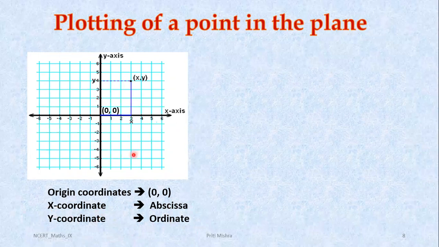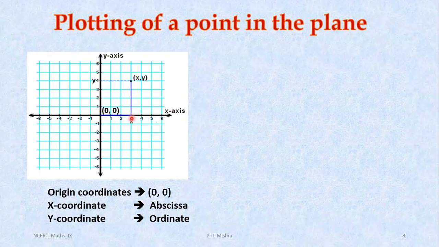So now let's plot the point x, y. This is a general point here. x is the x coordinate, which means we have to cover x units in the positive direction of the x-axis, because this is plus x. Suppose it is at the third unit. So till here we have x units. Then we have to cover y units towards the y-axis.